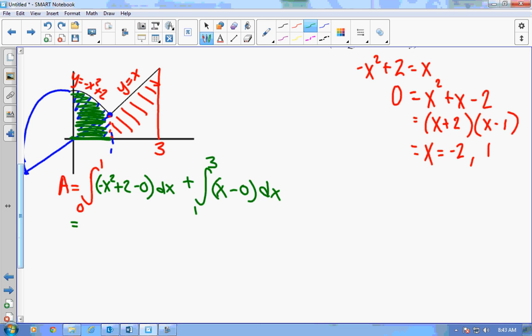Nope, it is a 2. I thought I was missing it, but it is a 2. X, comma, from 0, comma, 1. Oops, I did something wrong.